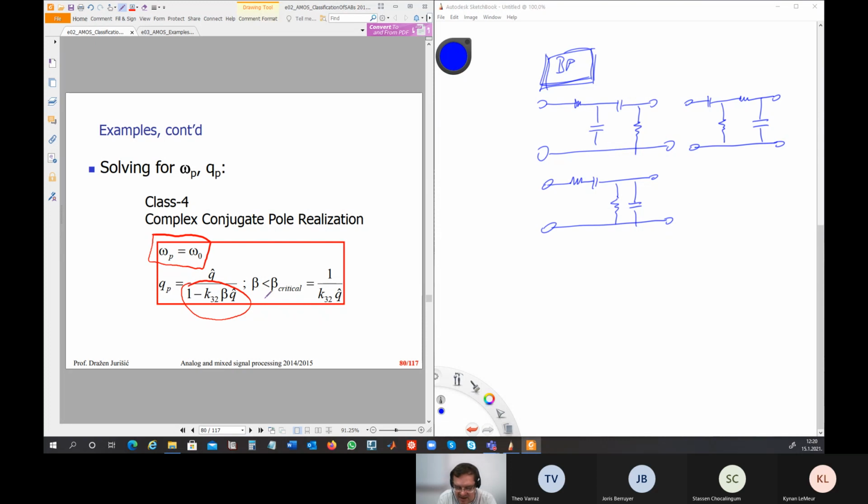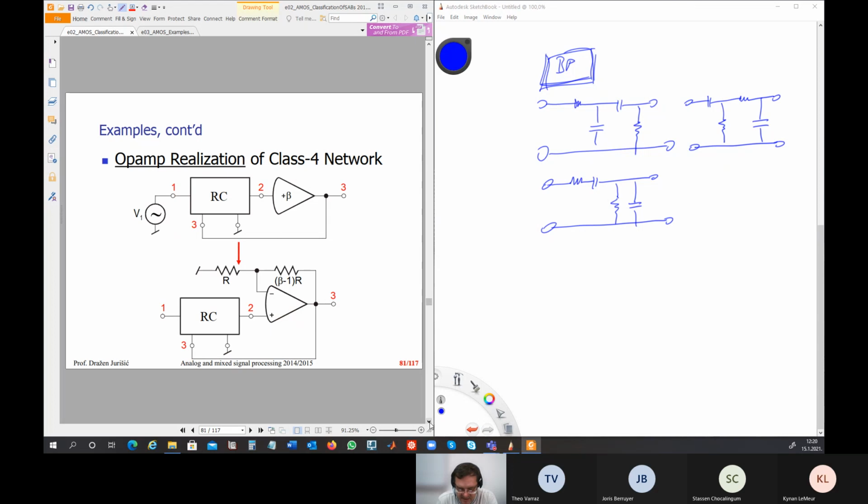So beta must be smaller than some beta critical, not to obtain Q to be infinity, because in that case the filter will become unstable. But as you see, the Q is again larger than 1/2. But using this method, here is the minus. Before we didn't have any minus, if you remember. Okay. So this is a realization.